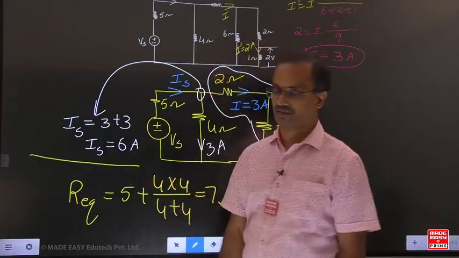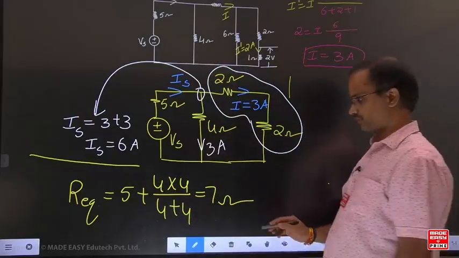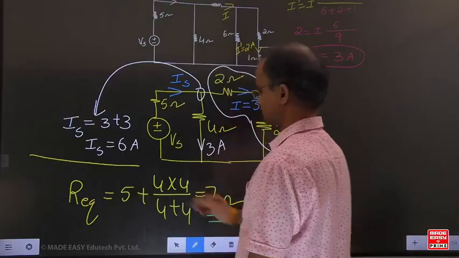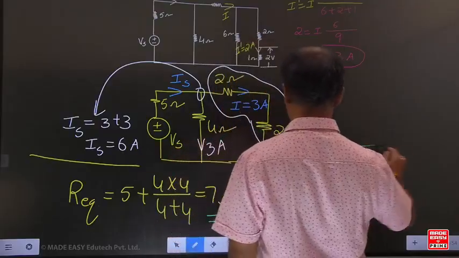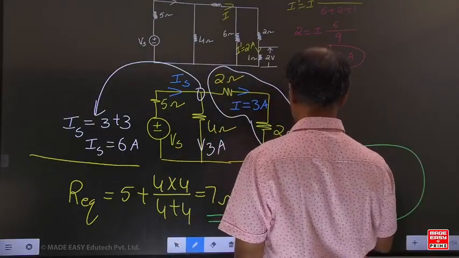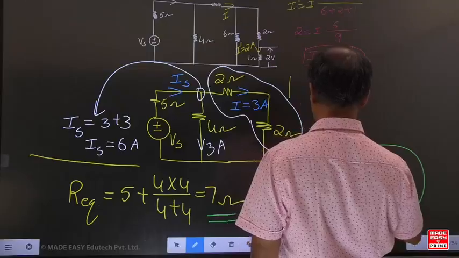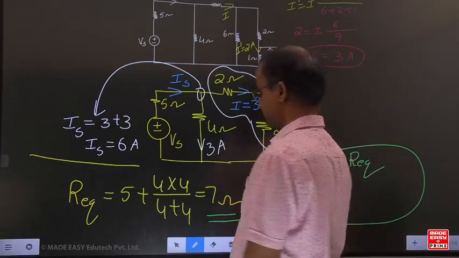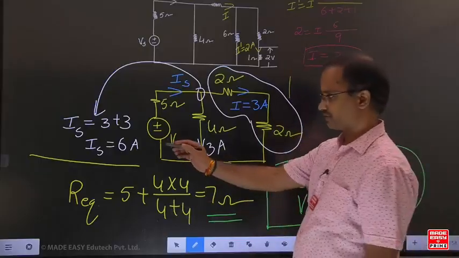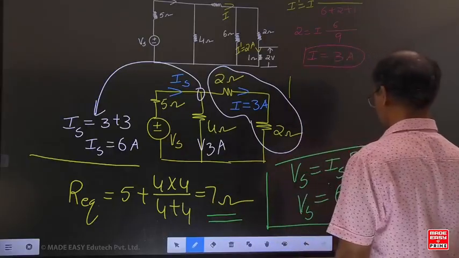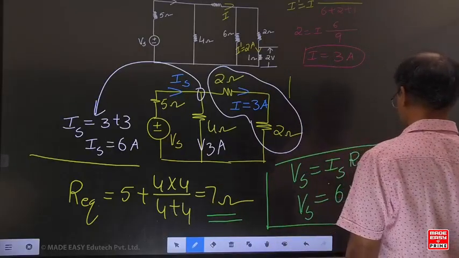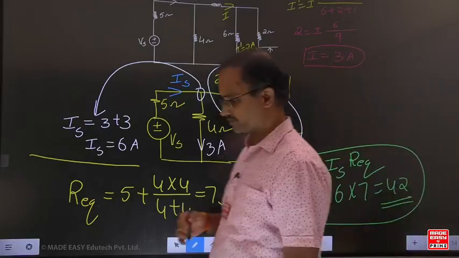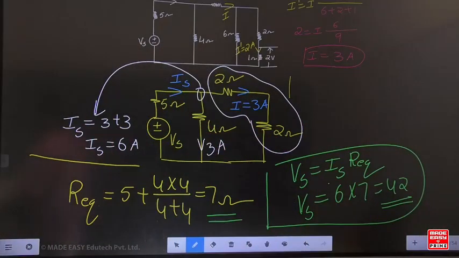The 2 and 5 are connected in series, so 7. You know the equivalent resistance and the source current. Can you find the source voltage? Source voltage equals IS into R equivalent, that is 6 into 7. VS equals 42.